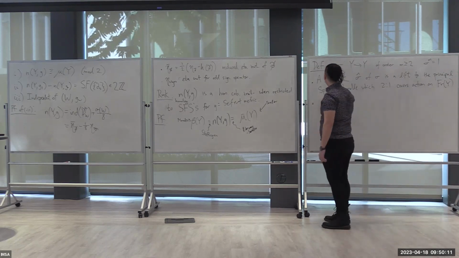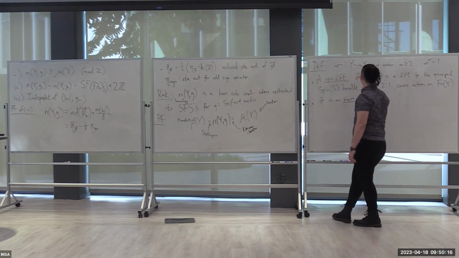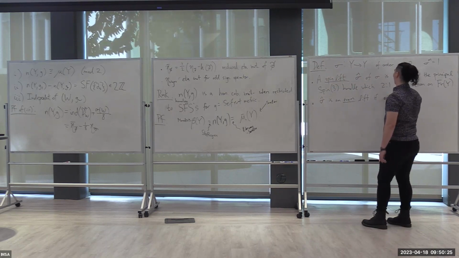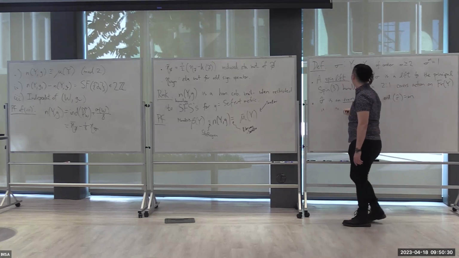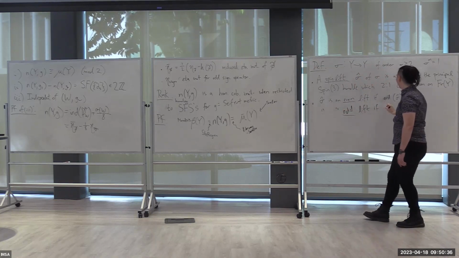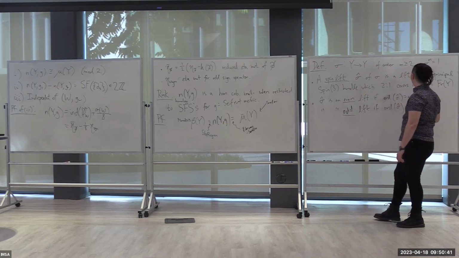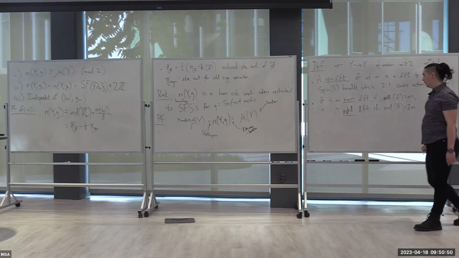So we'll say sigma hat is an even lift if the order of sigma hat is still n, and we call it an odd type spin lift if the order of sigma hat is 2n.